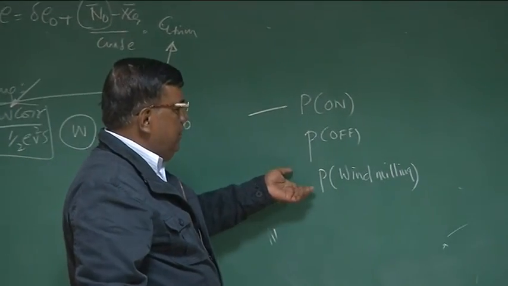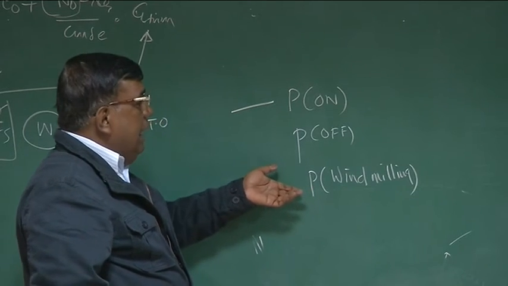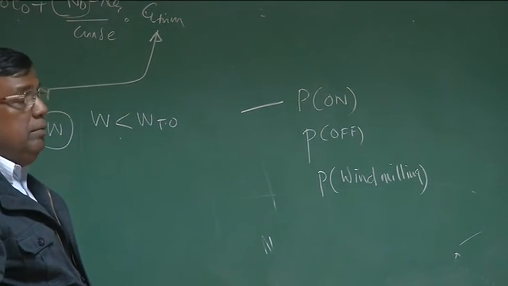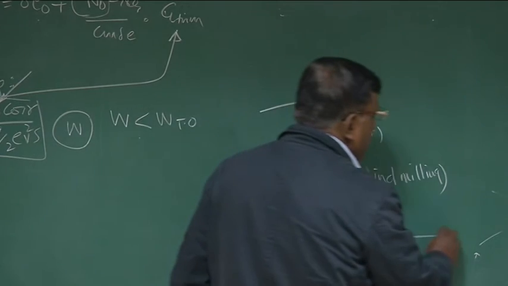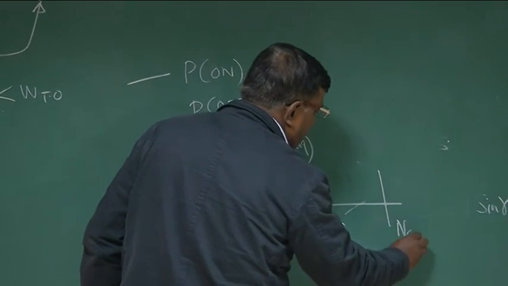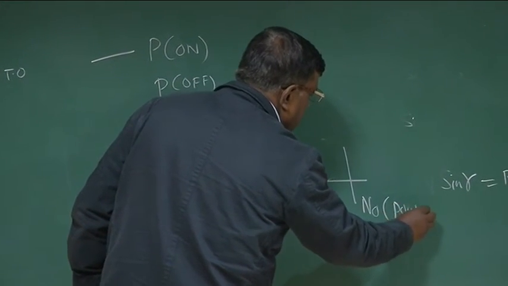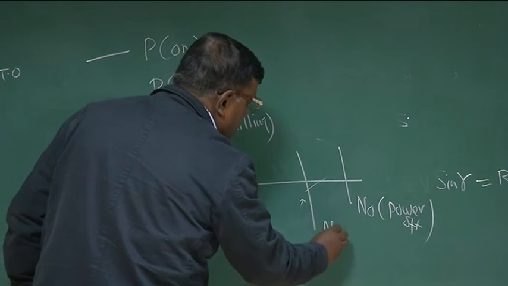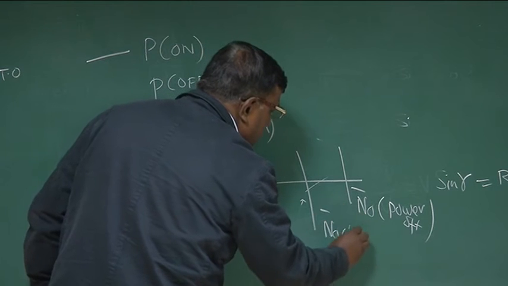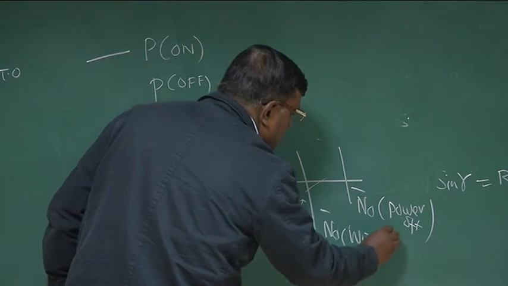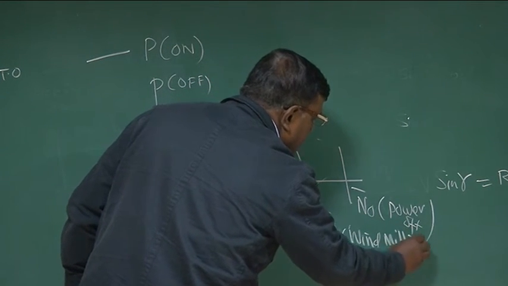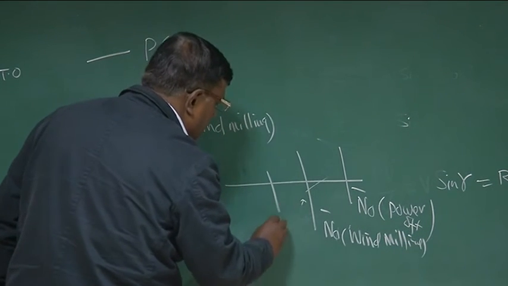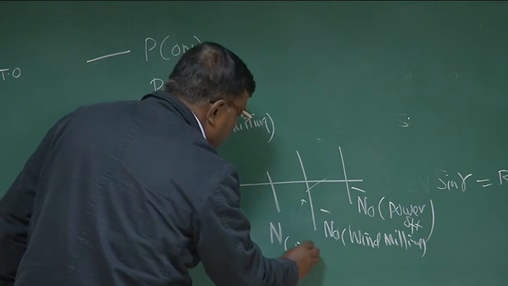But we are thinking of a case where it's windmilling. And we know that N naught for windmilling is in between. This is N naught power off. This is N naught windmilling. And this is, of course, N naught power on.